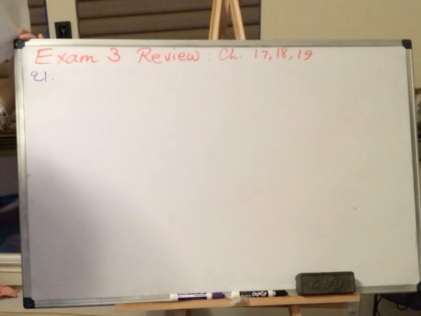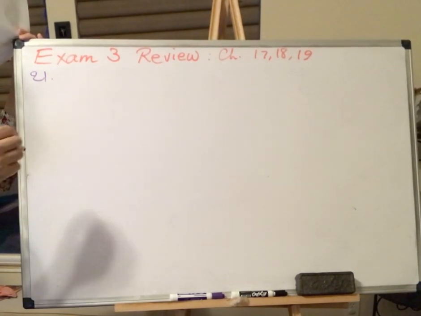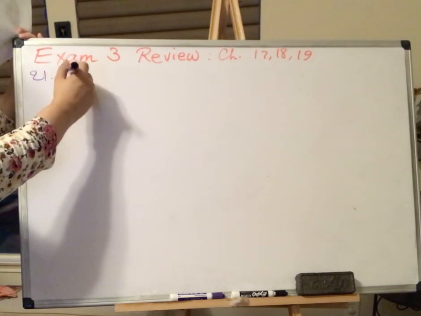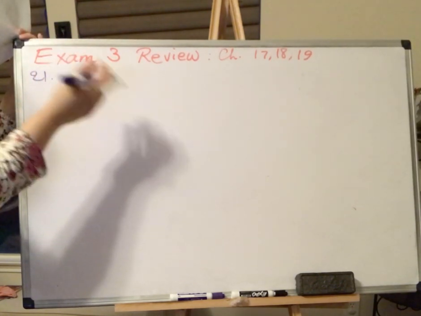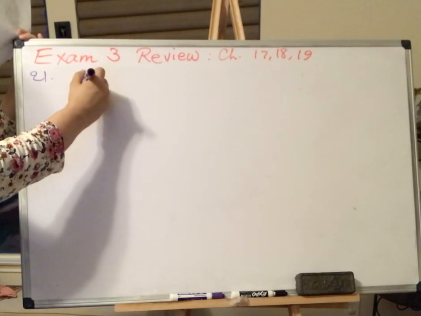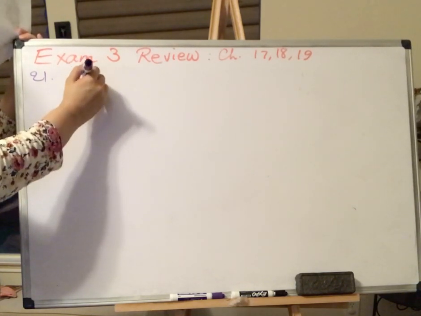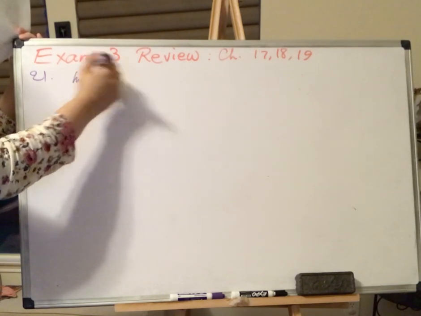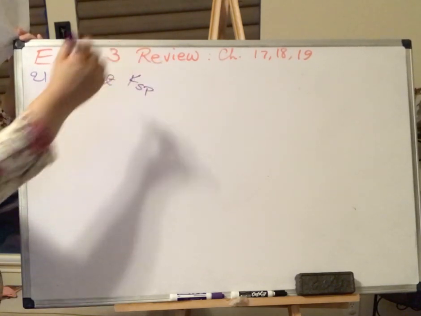A saturated solution of which of the following salts will have the highest molar concentration of chromate? The one that has the highest KSP value means the one that has more molar solubility. You need to look for the highest KSP. You need to be able to interpret the questions.